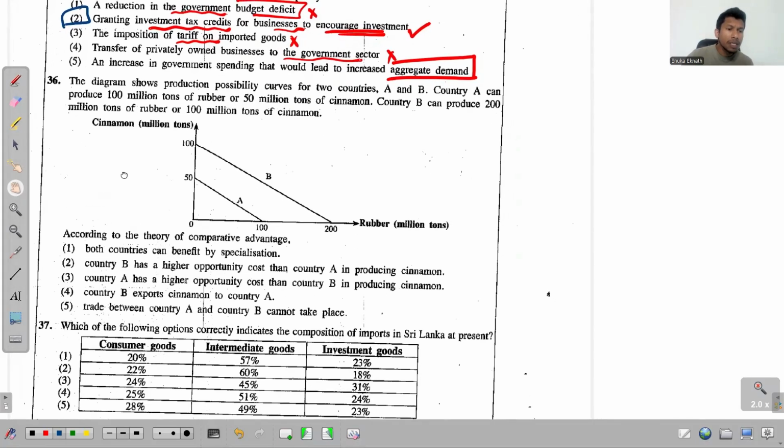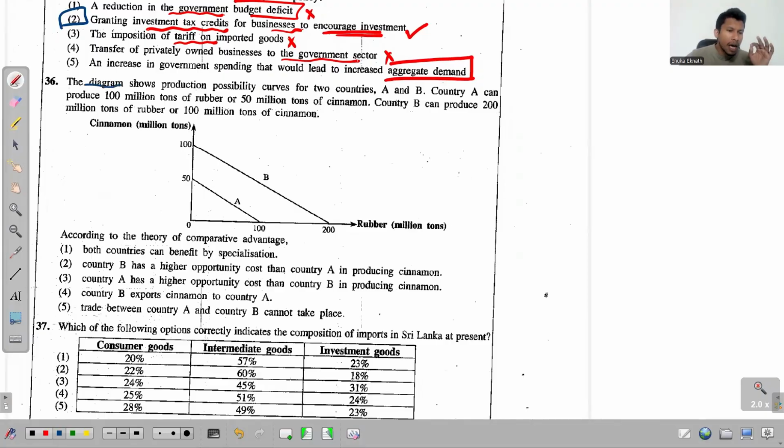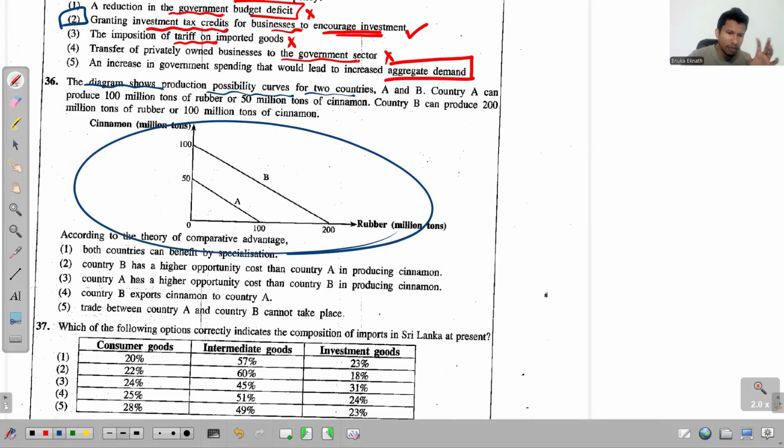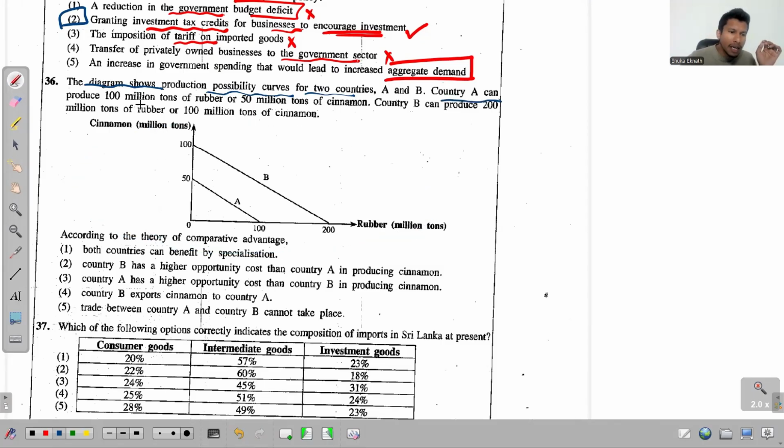Right, look at this question 36 now. It says, the diagram shows production possibility curves for two countries, A and B. All right, so we get the production possibility curves. Country A can produce 100 million tons of rubber and 50 million tons of cinnamon. Yes, we see that. Country B can produce 200 million tons of rubber and 100 million tons of cinnamon. All right.